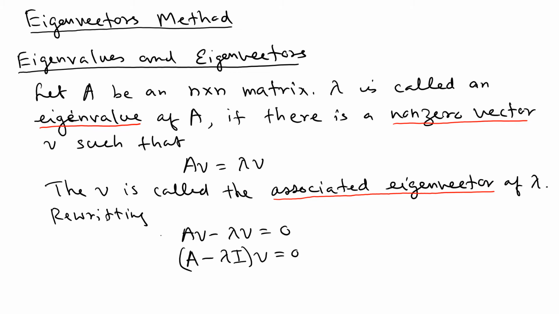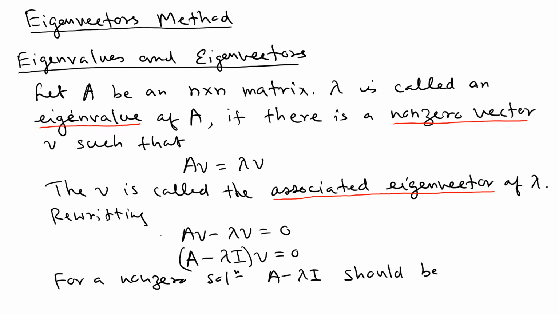Okay, so let's talk about that. For a non-zero solution, A minus lambda I, the matrix, should be singular.